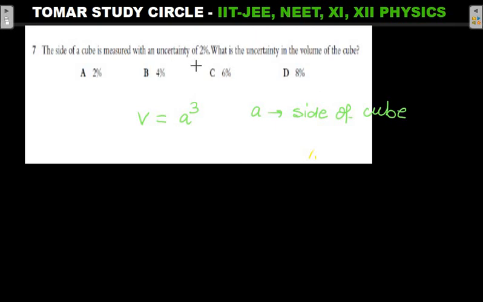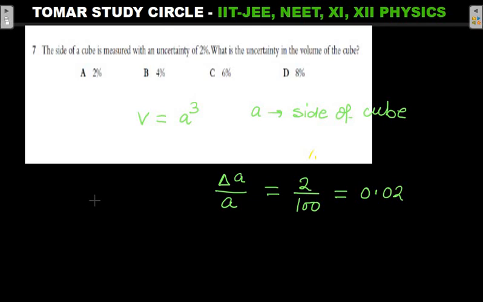Here percentage uncertainty in the side is given as 2%. Hence we can write fractional uncertainty in A, delta A upon A, will be equal to 2 by 100, or that will be equal to 0.02.